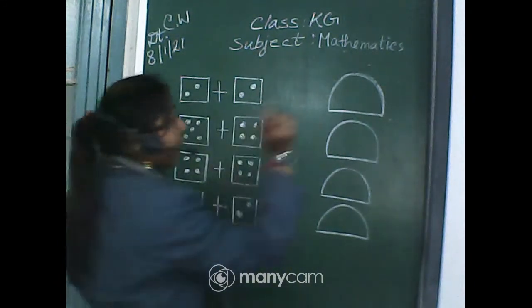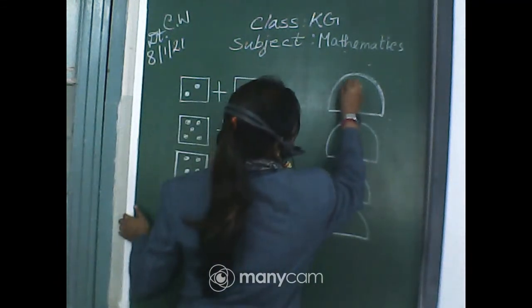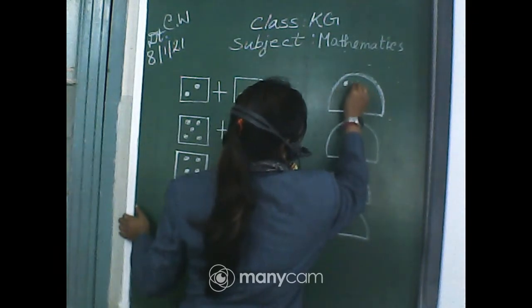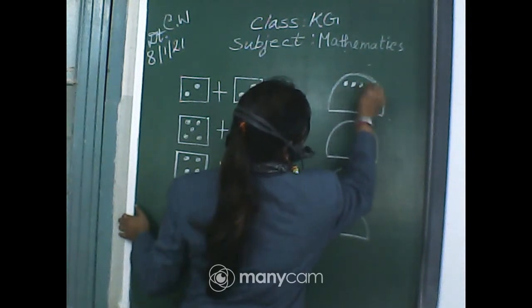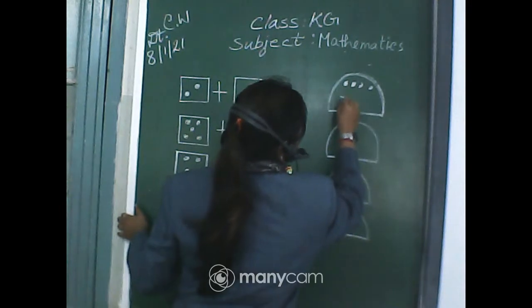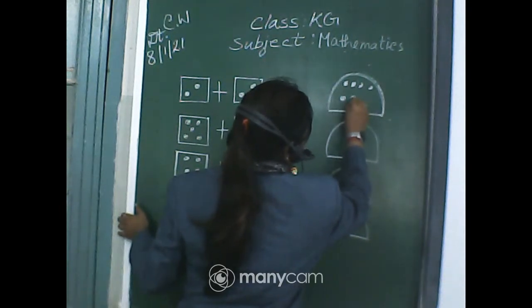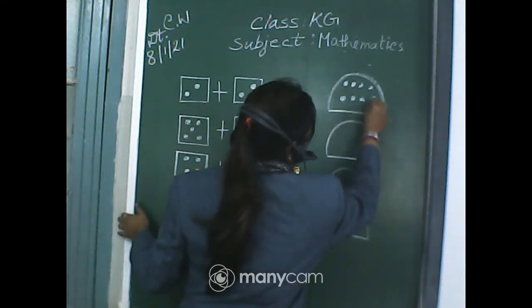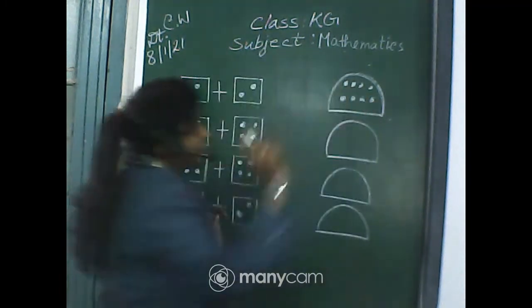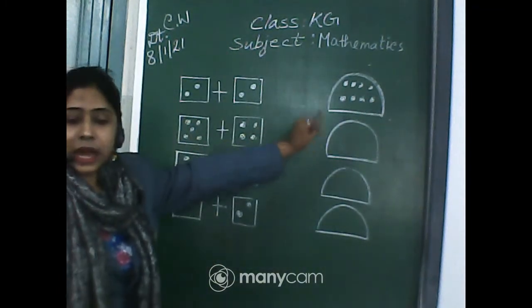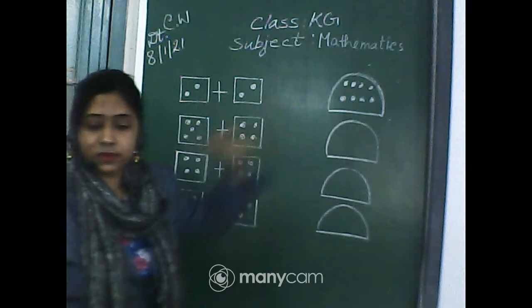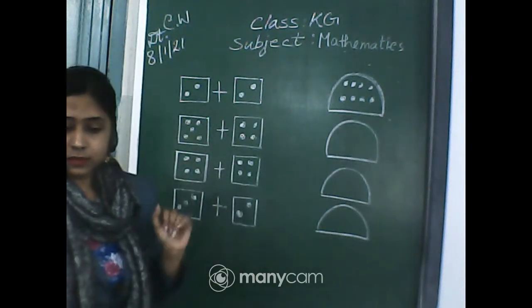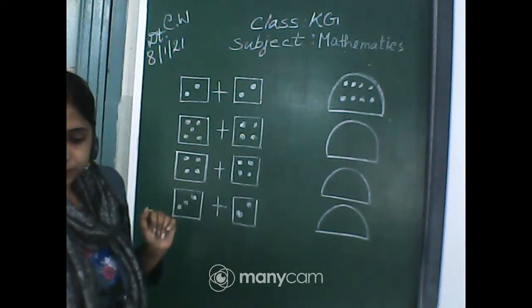You will draw 8 dots. 1, 2, 3, 4, 5, 6, 7, 8. Okay. In the first semicircle I have drawn 8 dots.